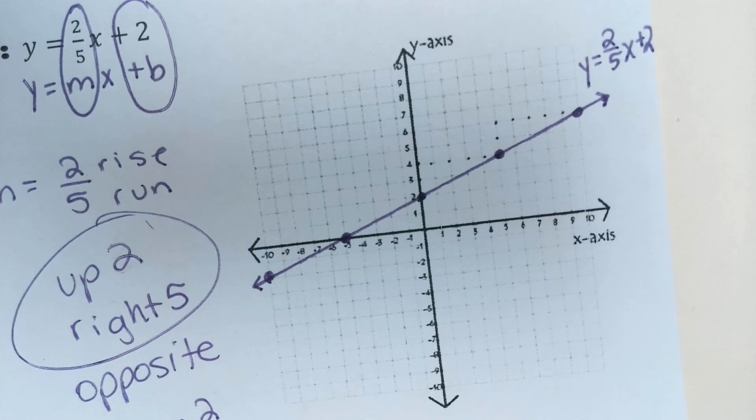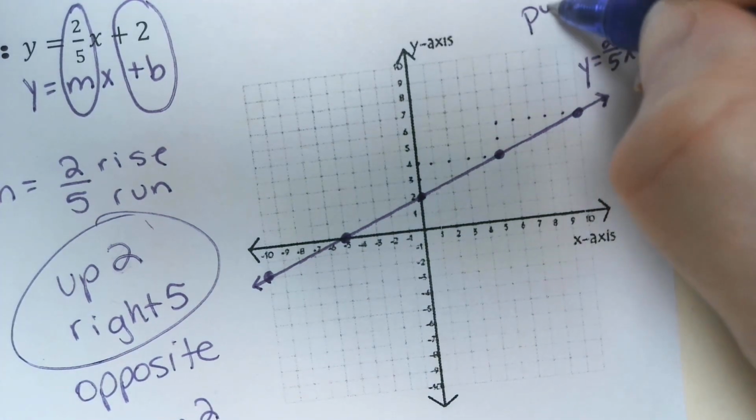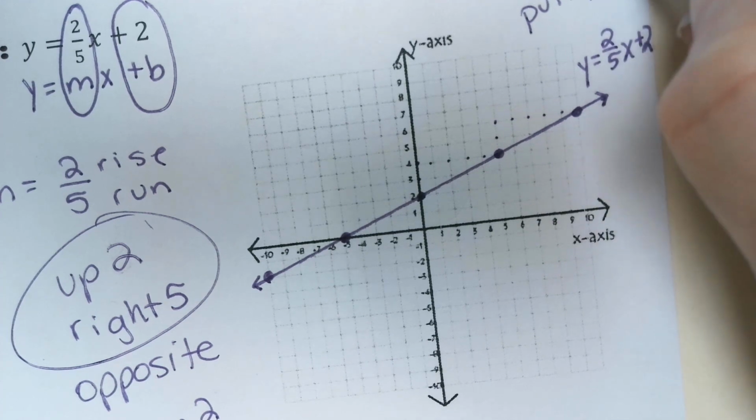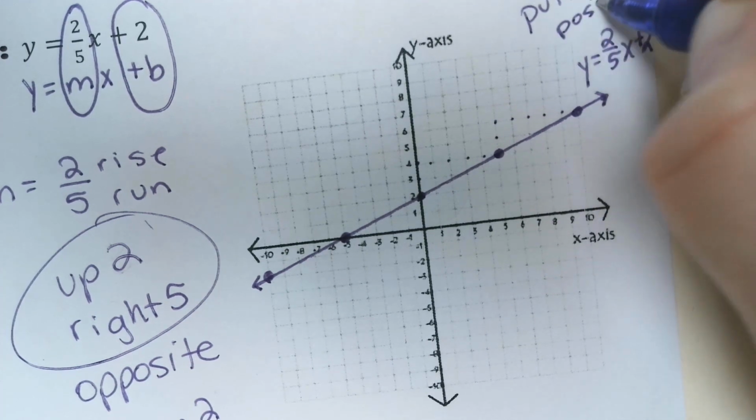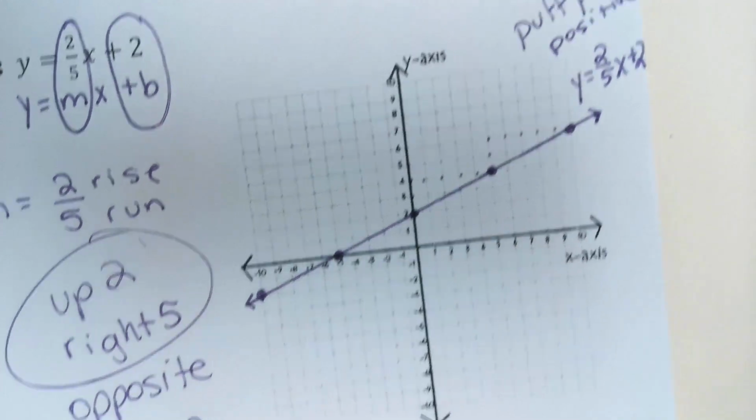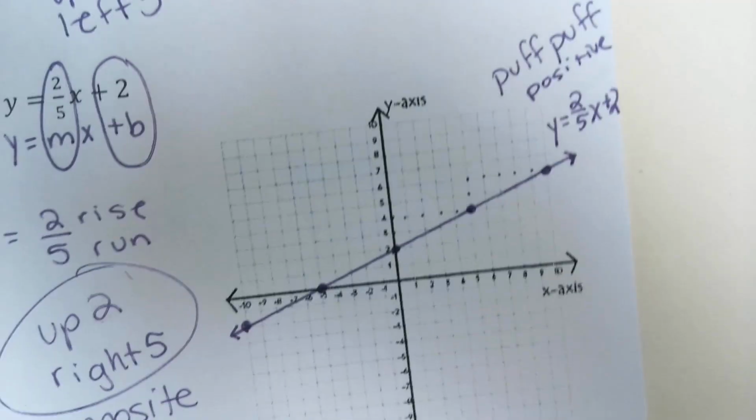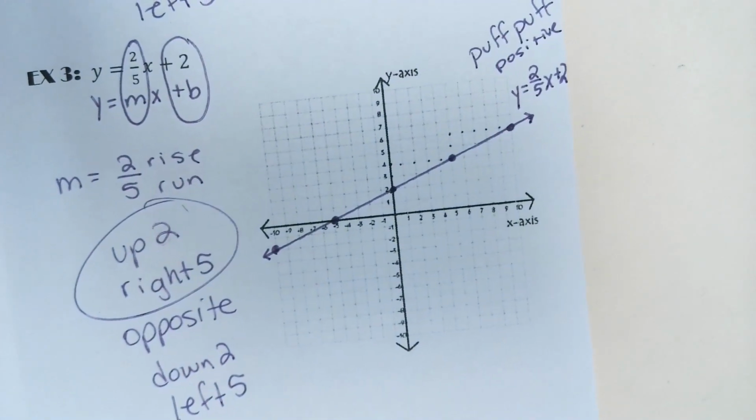And this is a positive slope, so puff, puff, positive. That is one thing you need to check at the end. Make sure you did it correctly by checking your slope according to Slope Dude.